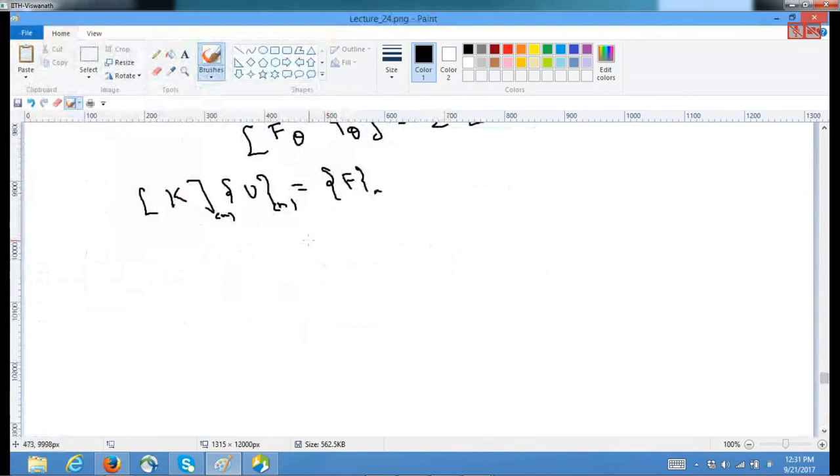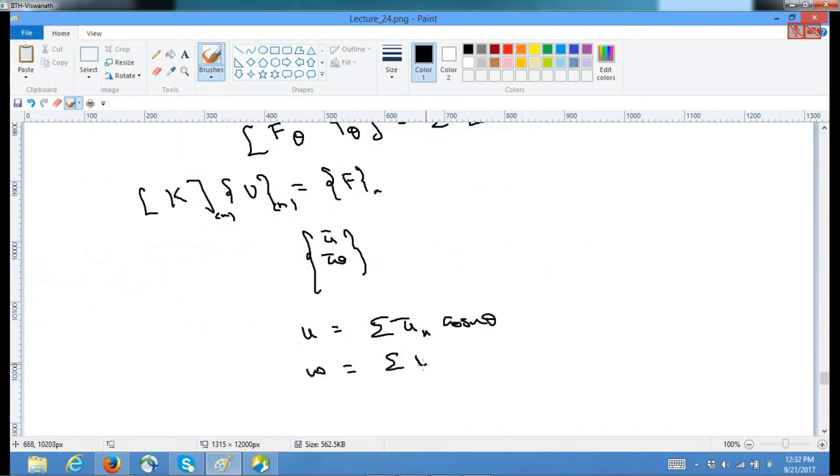Let us say the solutions are U bar and W bar. Then your U is again a combination, a summation of UN bar cos n theta, and W is equal to a summation.